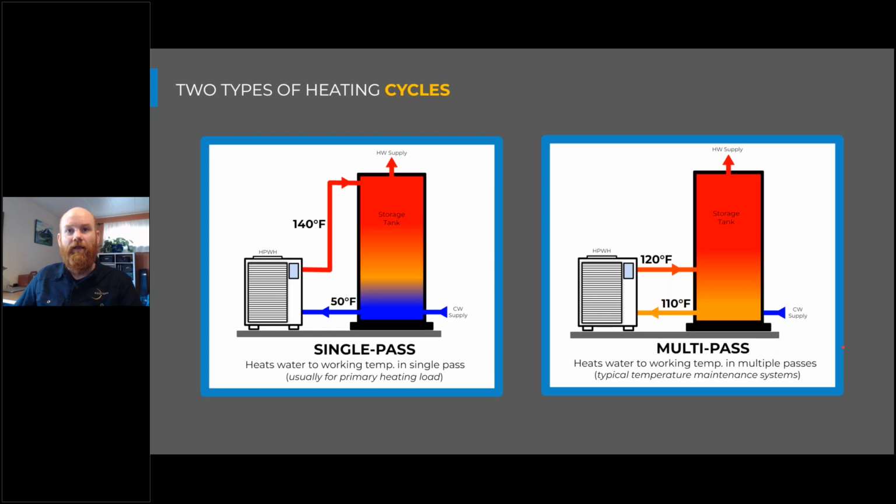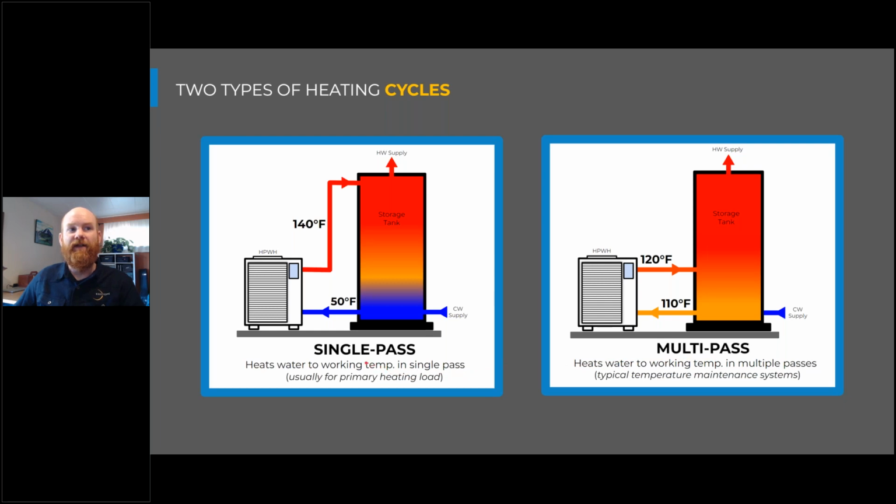And like I said, this heat pump cycle is a process, and so we typically have two ways to control this process. We have a single pass heating cycle and a multi-pass heating cycle. And they're pretty straightforward.